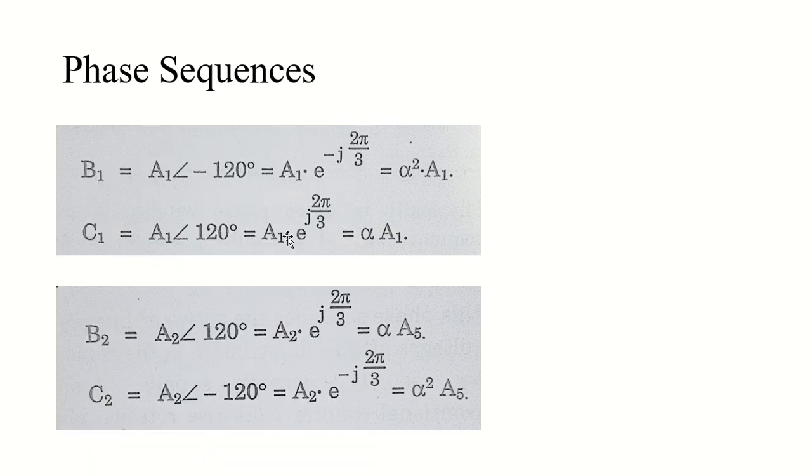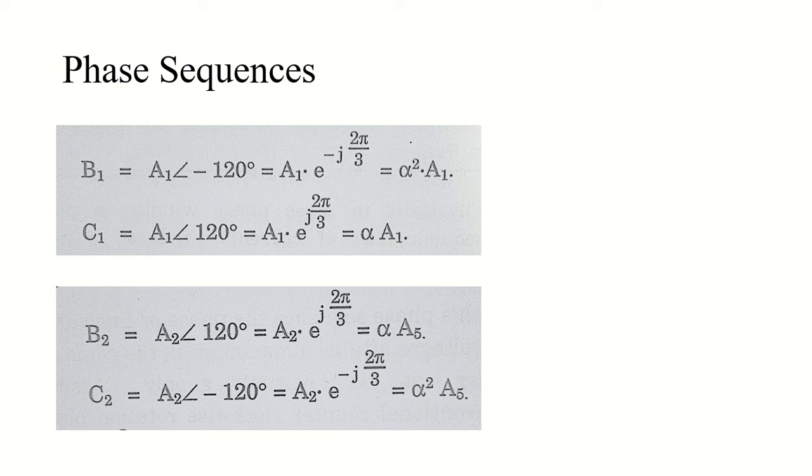You can also represent this minus 120 degrees with e raised to minus j 2 pi by 3, which is also called alpha square, an operator or a constant. We are going to see alpha in detail as we move forward, so I'm not explaining it here. I will explain it today only, but no issue.